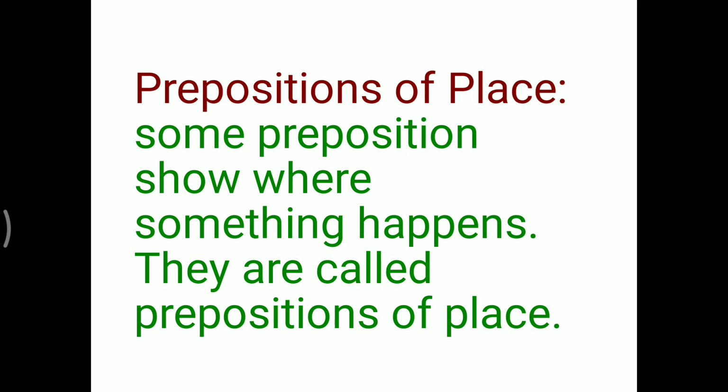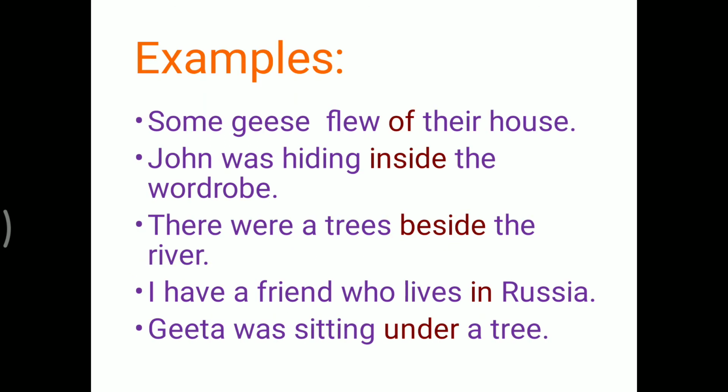Some prepositions show where something happens. They are called prepositions of place. For example, some geese flew off their house. John was hiding inside the wardrobe.